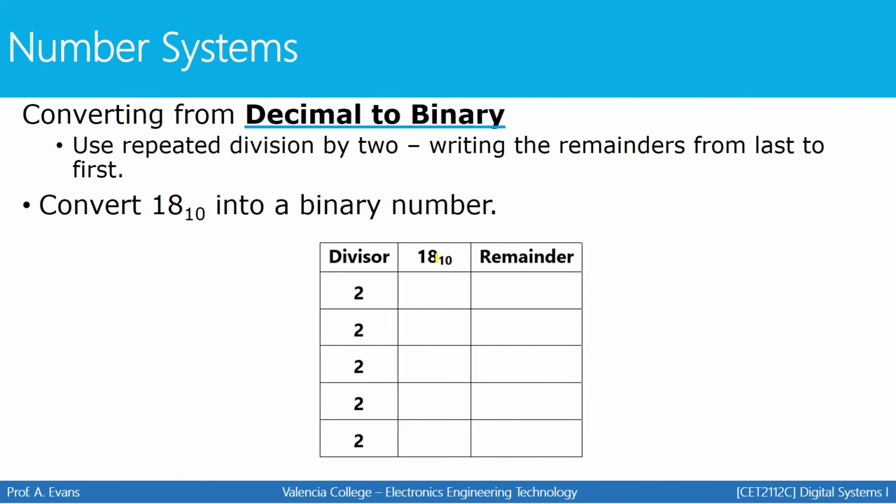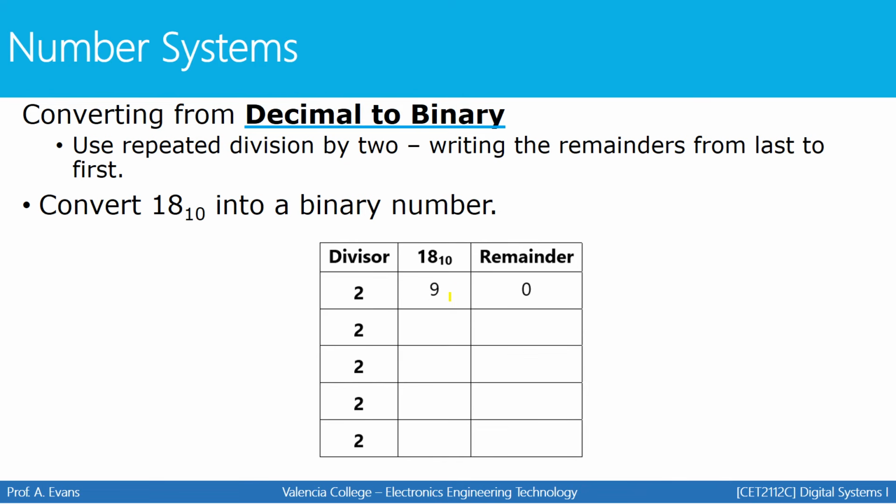Then I'm going to take my number 18, divide it by 2, and write the result of that division in these two boxes, where I keep track of the integer part and the remainder. So 18 divided by 2 would be 9 with no remainder. So I'm going to write 9, remainder 0.